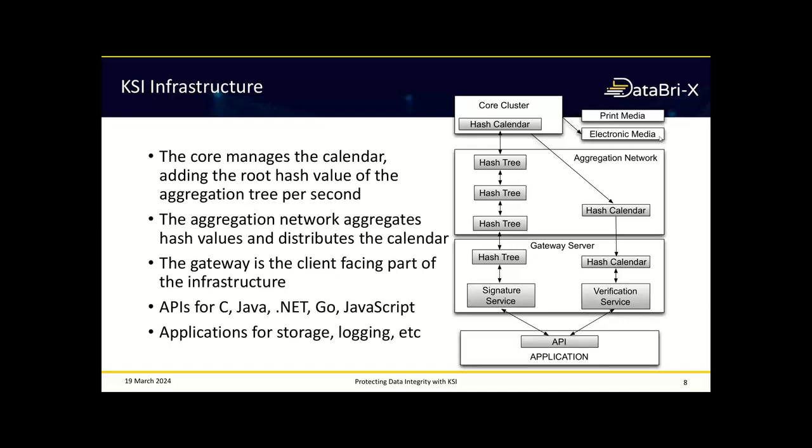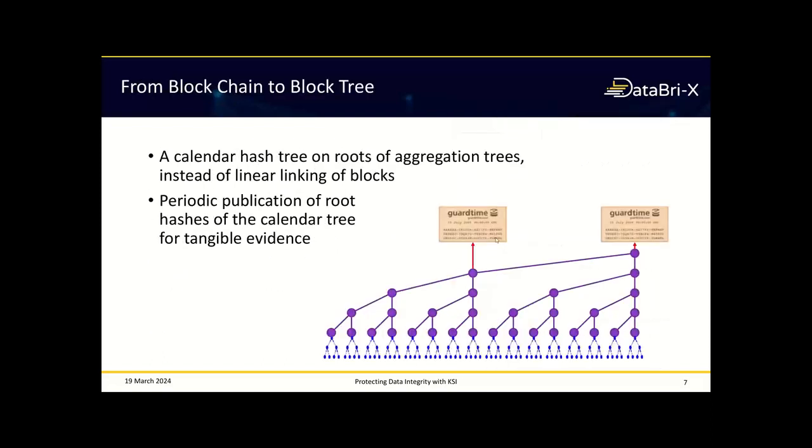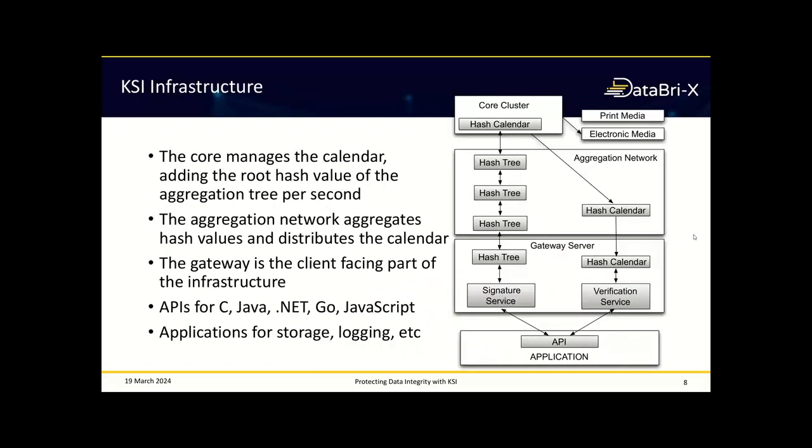So the same values that we print in newspapers, we also distribute as a digital archive, so people can implement verification of timestamps using automated tools, which do not need to go to the library to fetch a newspaper to do the verification work. They can do it based on a digital copy of the same information.